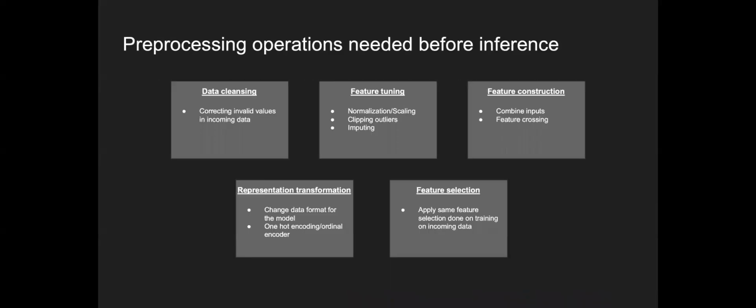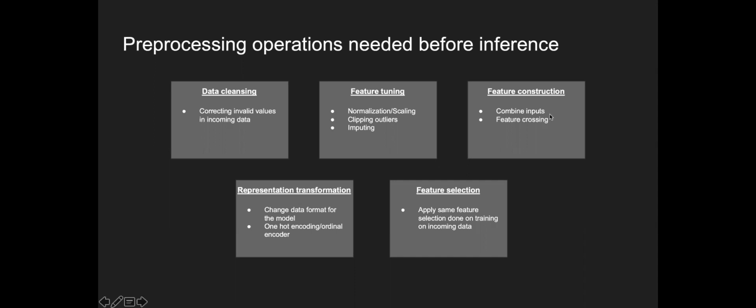Okay, so you have some pre-processing operations needed before you do inference. Like data cleansing, correcting invalid values in incoming data, and feature tuning: normalization, scaling, clipping outliers, imputing, so what you're going to do with the null values and so on.